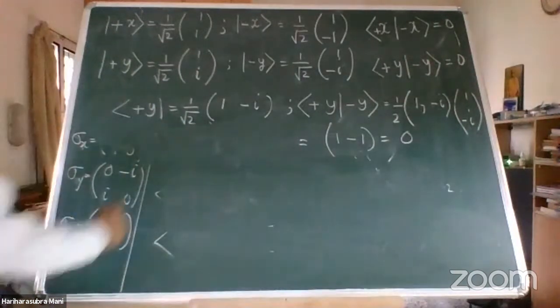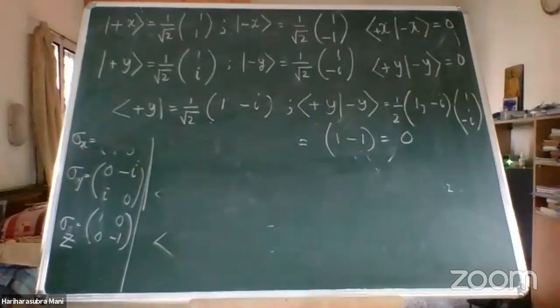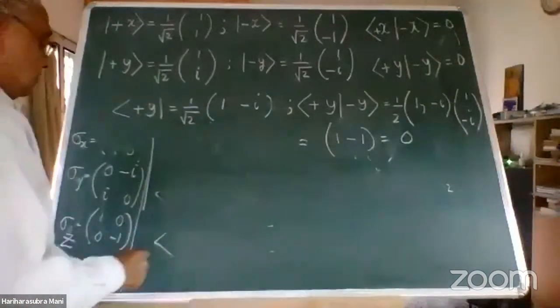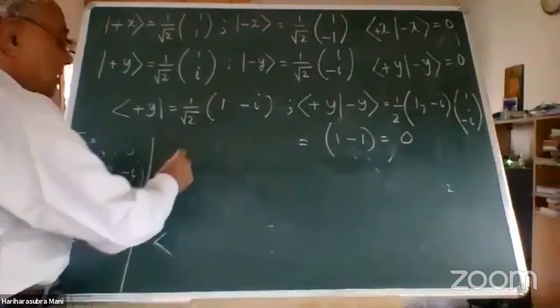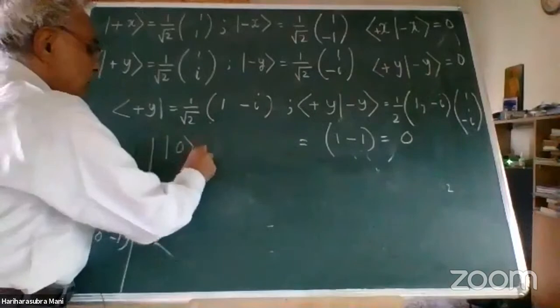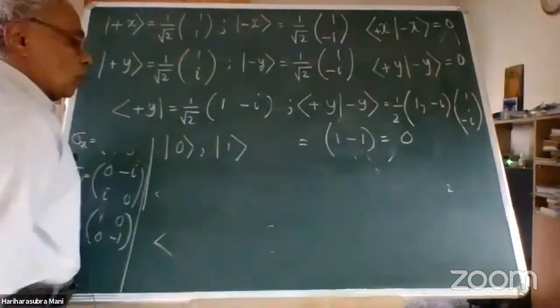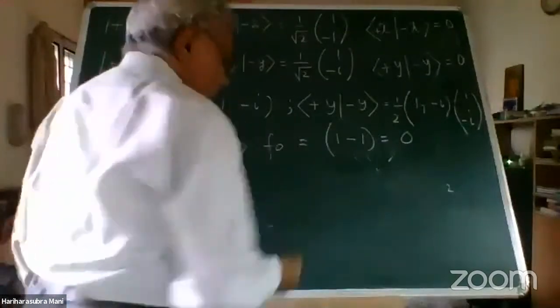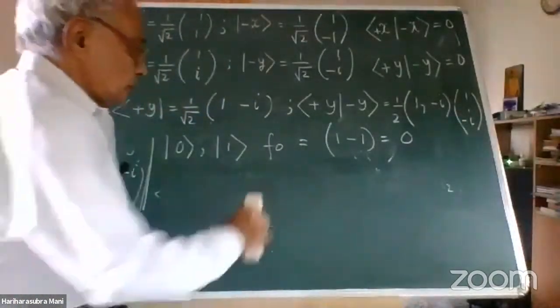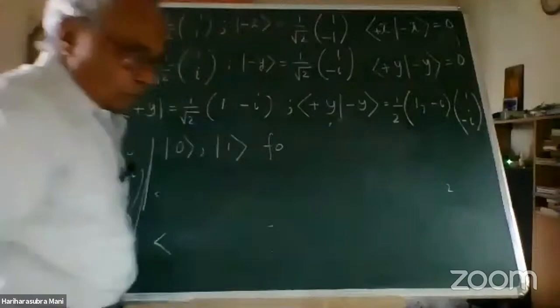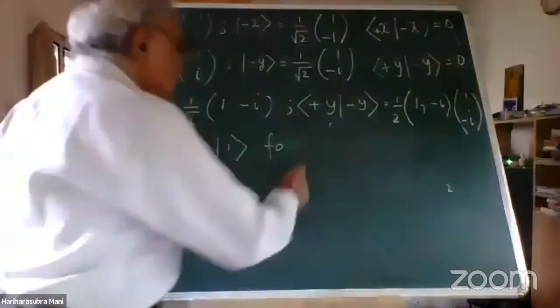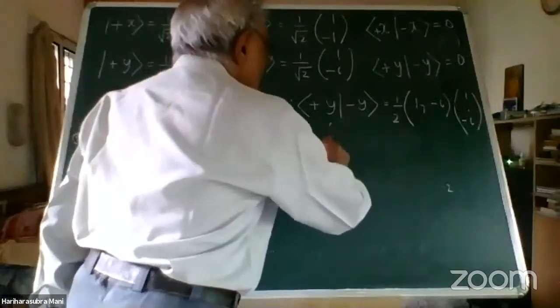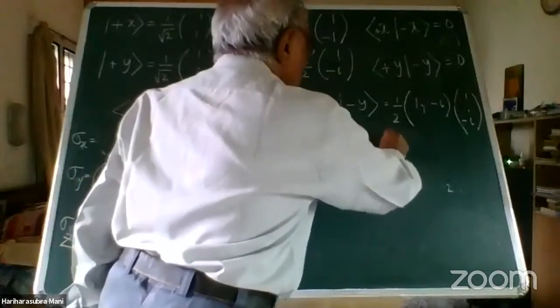This is the two-dimensional space. So this vector, the first one which I wrote, 0 and 1, they're also orthogonal to each other, and form an orthonormal basis.